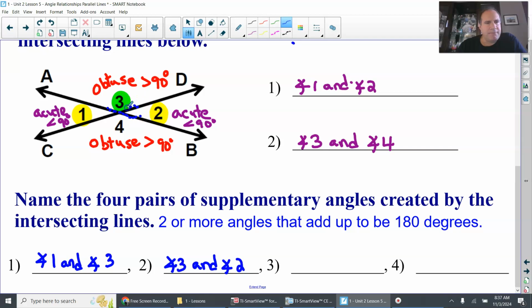Then we had 1 and 3, and then we also have angles 1 and 4. You see them right there, a straight line, 180 degrees. And then going this way, there's the half circle, 2 and 4.